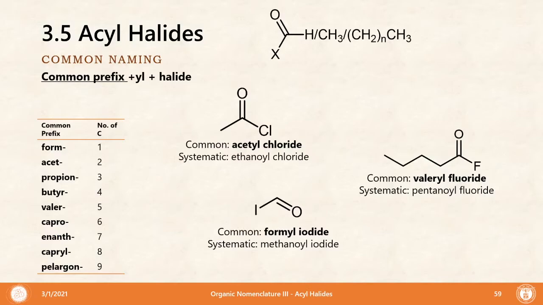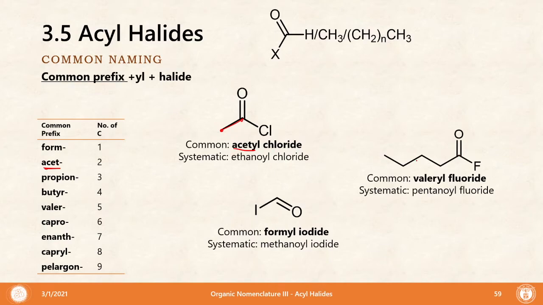Being terminal functional groups, we can also use common naming prefixes for acyl halides, much like aldehydes. What we do is use the suffix -yl halide, so that would be 2 words. Here we have a 2-carbon acyl chloride, so we have acetyl chloride.